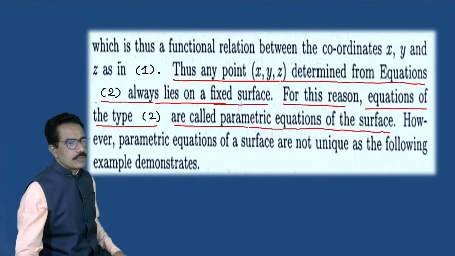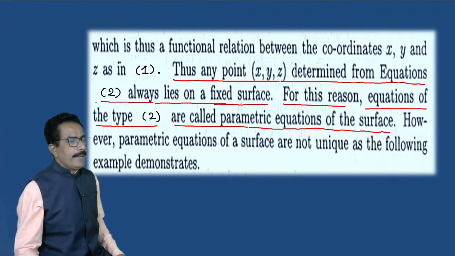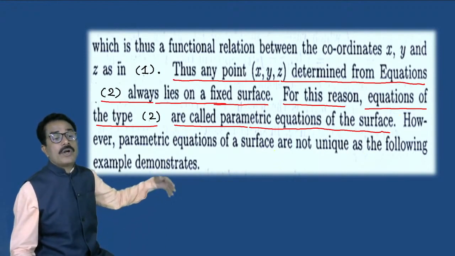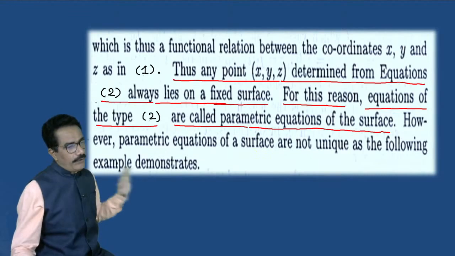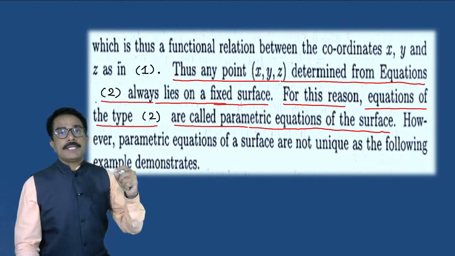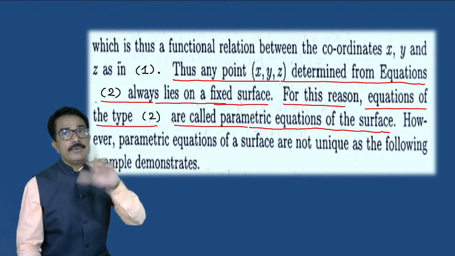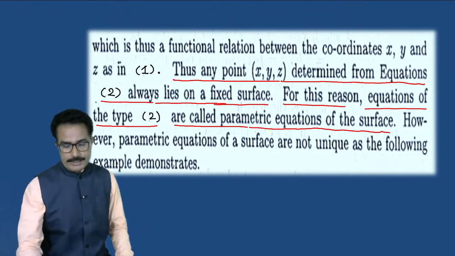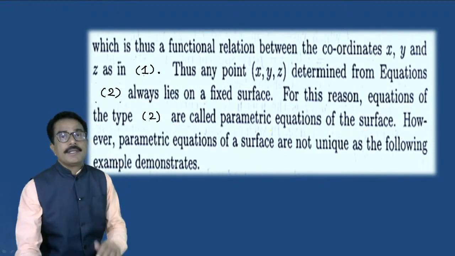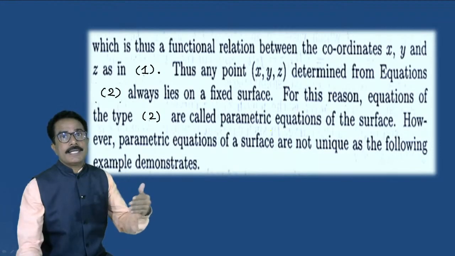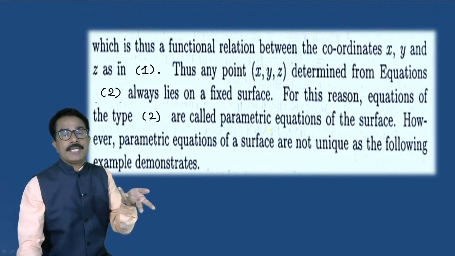Okay. However, the parametric equations of a surface are not unique, as in the following example. म्हणजे पॅरामेट्रिक इक्वेशन ऑफ सर्फेस हा युनिकच असतो नाही, वेगवेगळे सुद्धा असू शकतात. त्याचे एक्झाम्पल्स दिलेले आहेत. एका सरफेससाठी पॅरामेट्रिक इक्वेशन आपण वेगवेगळ्या फॉर्ममध्ये लिहू शकतो.